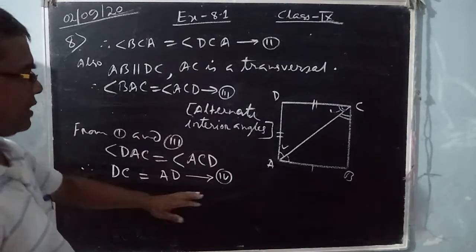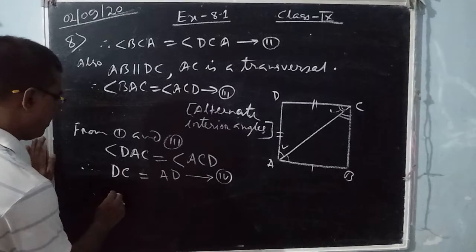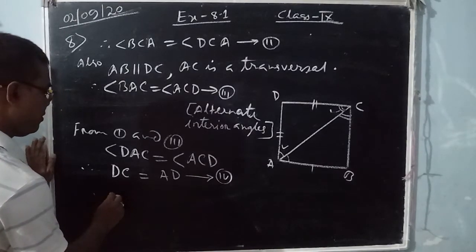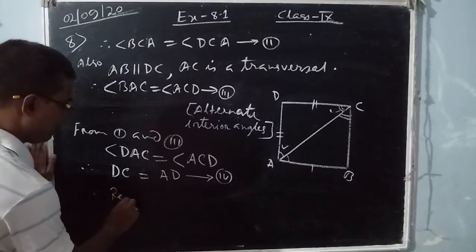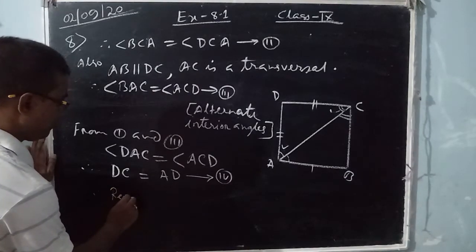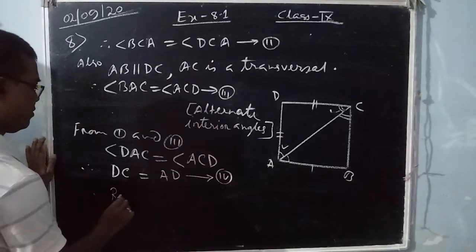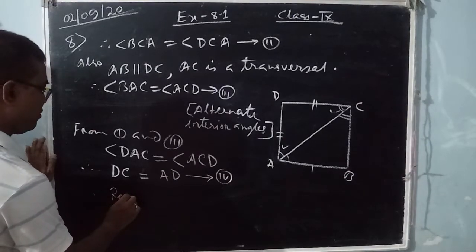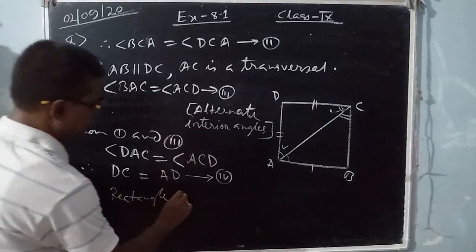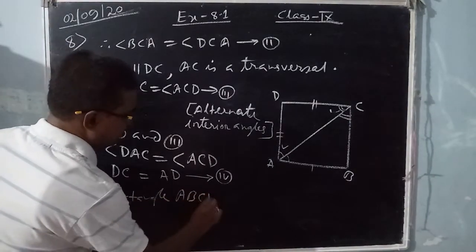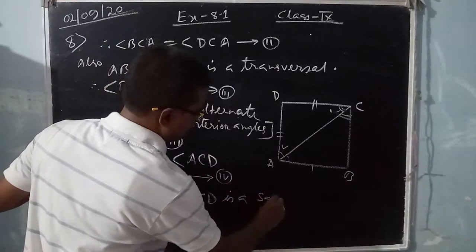No need to write the remaining part, directly you can say therefore rectangle ABCD is a square.